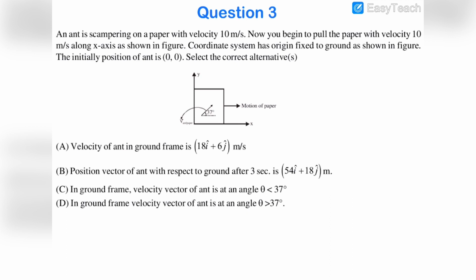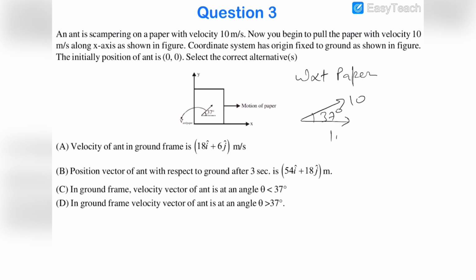The velocity of the ant in the ground frame is 18 i cap plus 6 j cap. Let us examine the situation. We know the velocity of the ant with respect to paper is 10. This angle is 37 degrees.